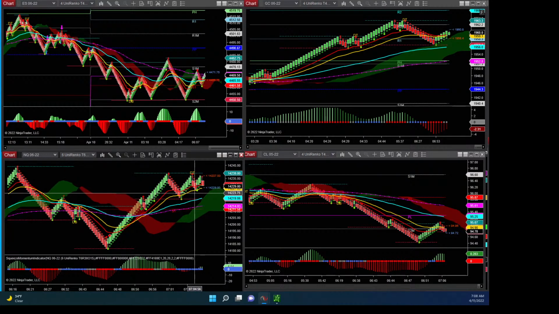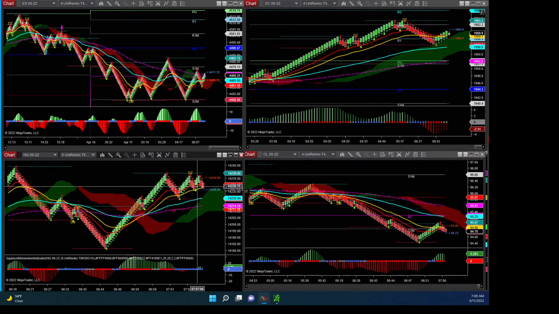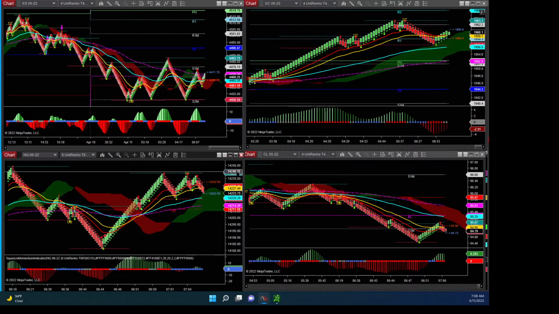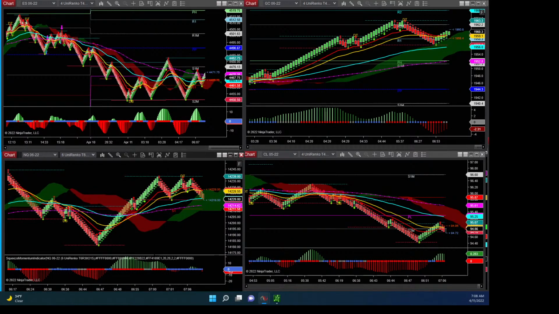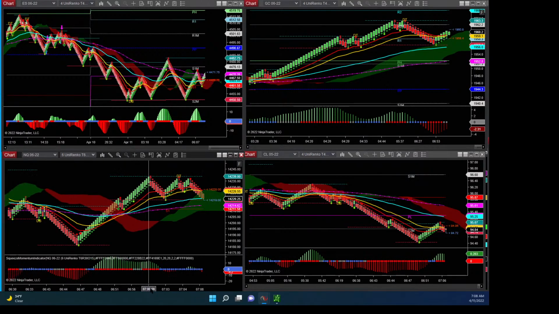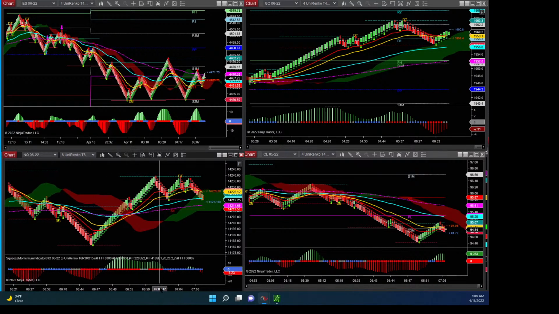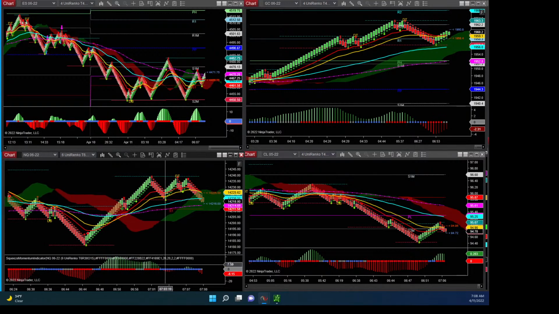In this chart, it's above the cloud, but in the higher anchor chart, which I do have at 16 here, it's a little bit over the cloud, but it's in the cloud actually. So this one is consolidating.